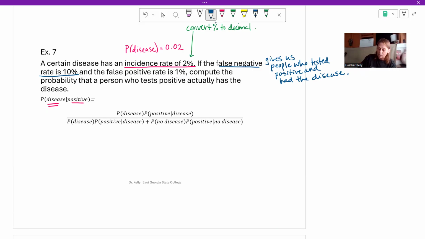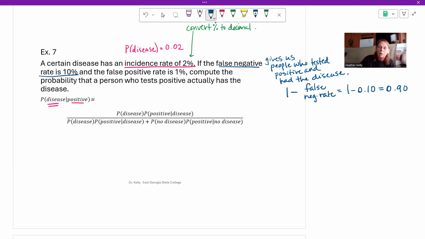Okay. And that is given by 1 minus the false negative rate. That is 1 minus 0.10, which is 0.90.